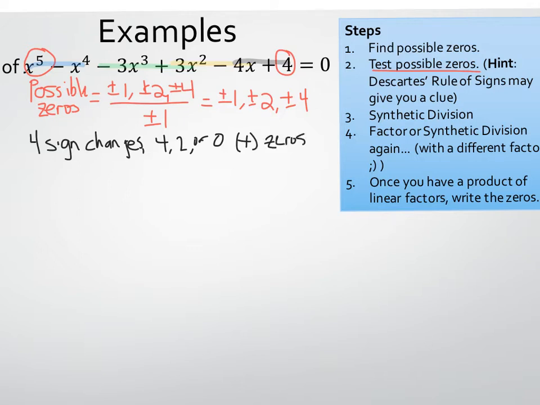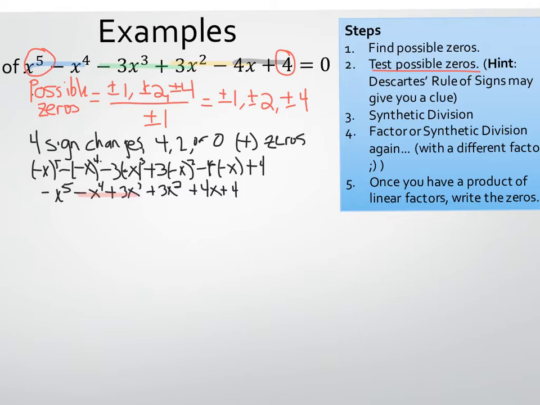Okay, so remember to find the negative sign changes, you're just going to plug a negative x in for the x. So notice when we plug negative x in for the equation, we do only have 1 sign change.